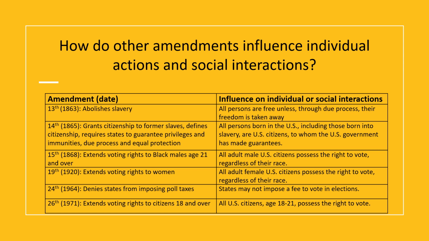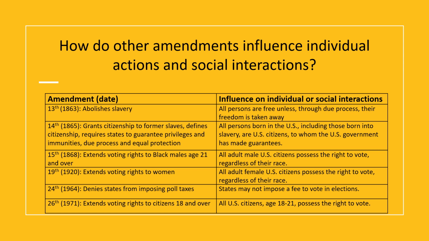So what has been the influence on individual or social interactions? Well, the 13th Amendment shows us all persons are free unless through due process their freedom is taken away, such as being convicted of a crime and then imprisoned because of that conviction.